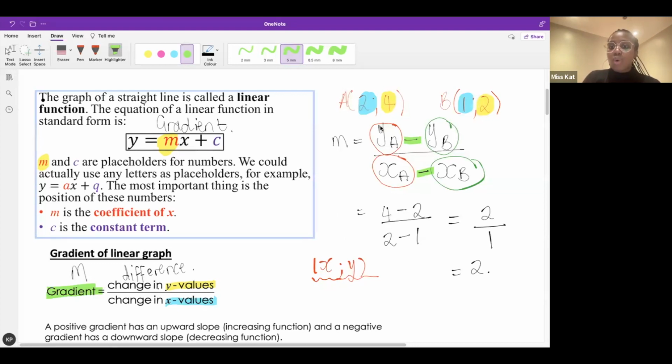So you have to use the y of A minus the y of B. Do you understand? Yes, ma'am. And then at the bottom, we said the difference of x values. So you're going to take the x of A and you're going to subtract the x of B. So it's y and y. At the bottom, it's x and x. And then you just substitute from there. Okay. Thank you, ma'am.